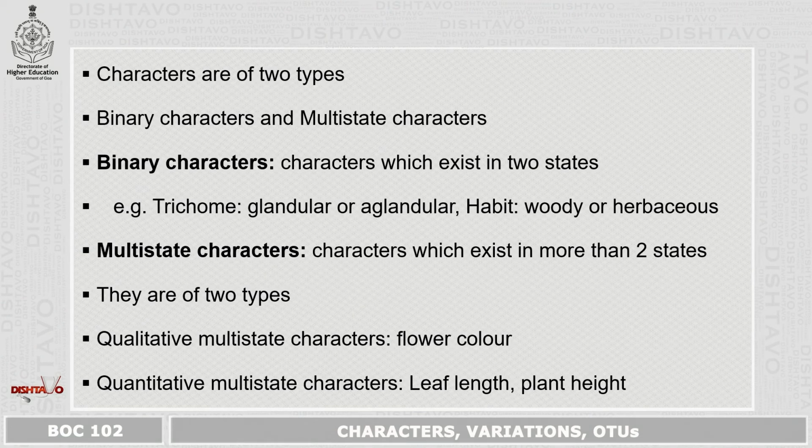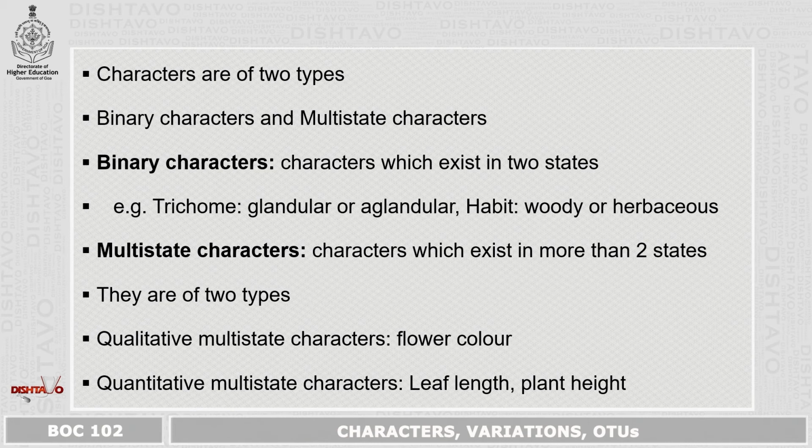Characters are of two types: binary characters and multi-state characters. Binary characters are the characters which exist in two states. For example, trichome. Trichome can occur as glandular or aglandular. Habit of the plant. It may be woody or it may be herbaceous.